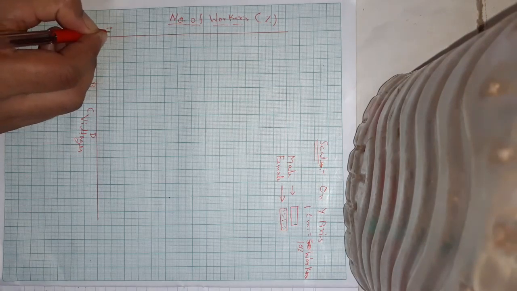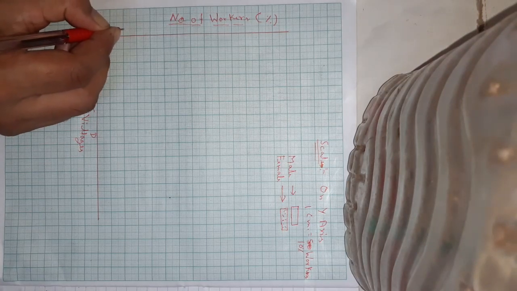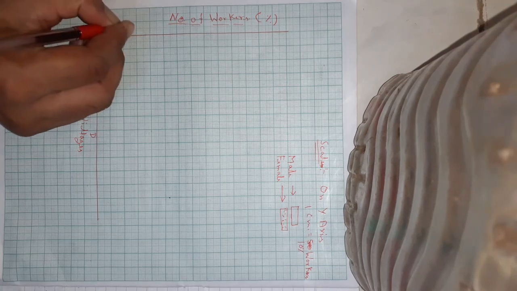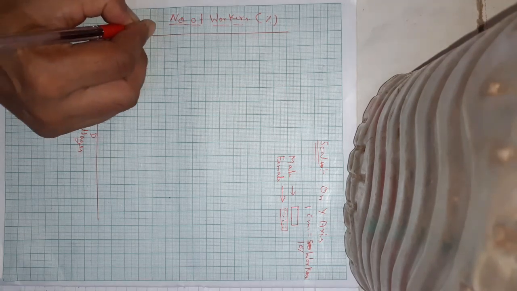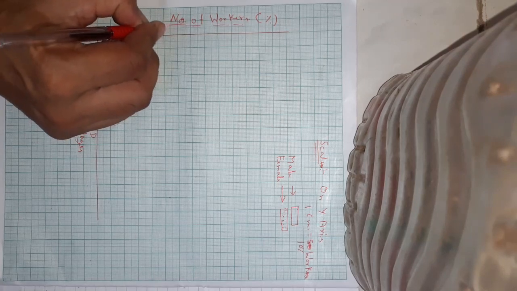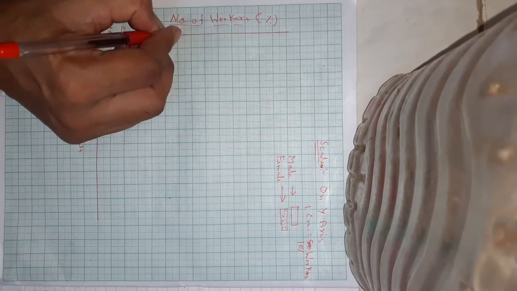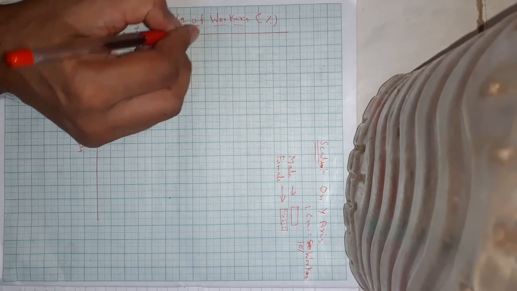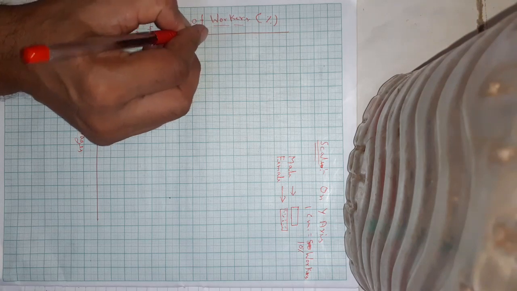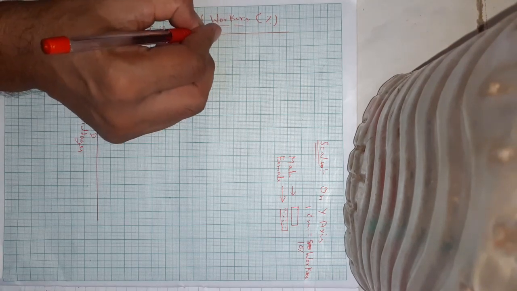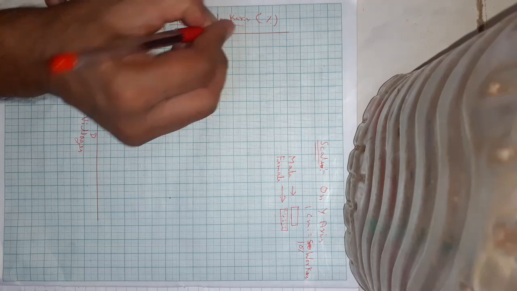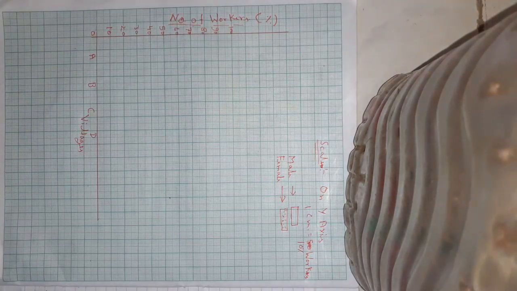Okay, 20, 30, 40, 50, 60, 70, 80, 90, 100. Clear? Okay, so I made this percentage.